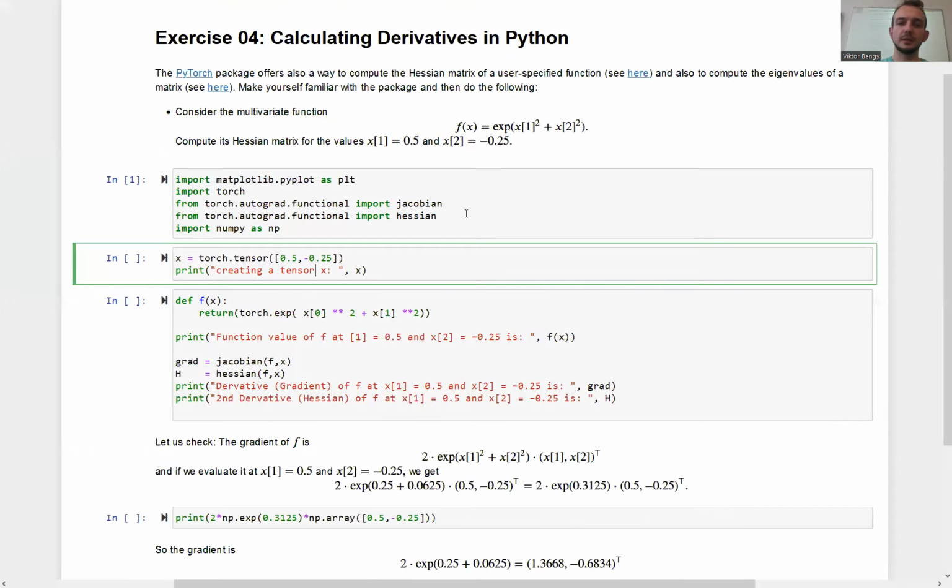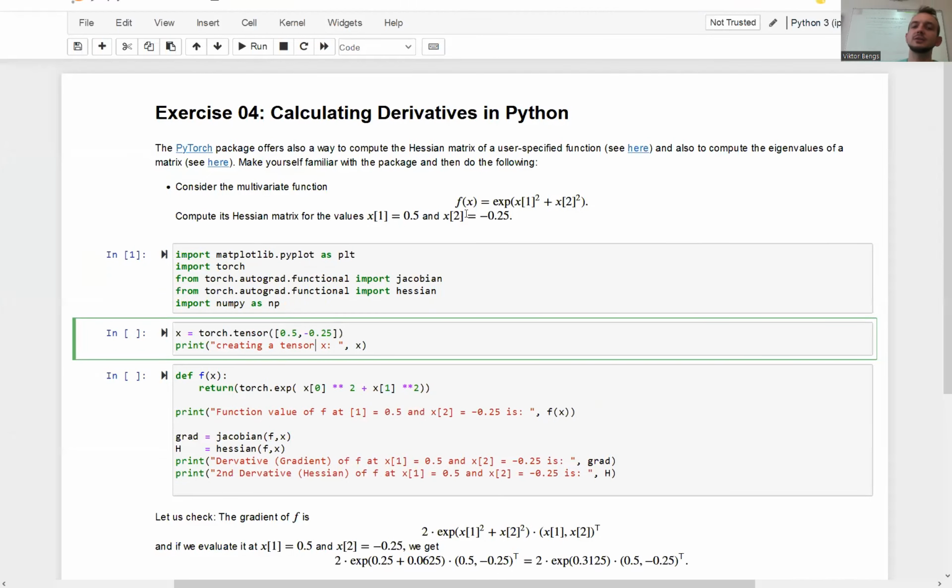before. So where we looked at this PyTorch package, which gives us a way to compute gradients. And now we are interested in the Hessian matrix, whether we can also compute it. And yes, we can, of course. So this is also possible.